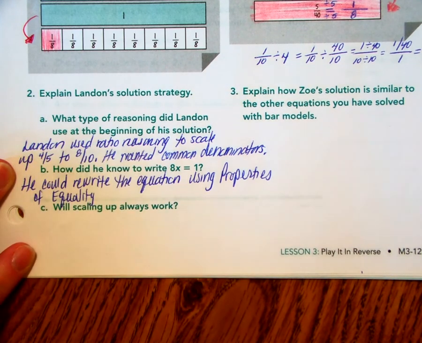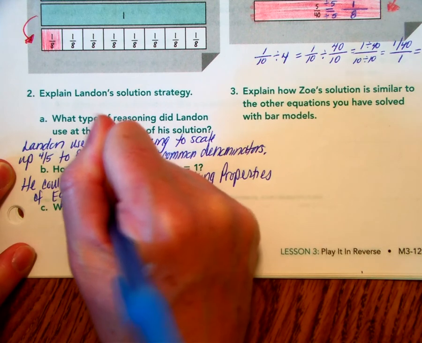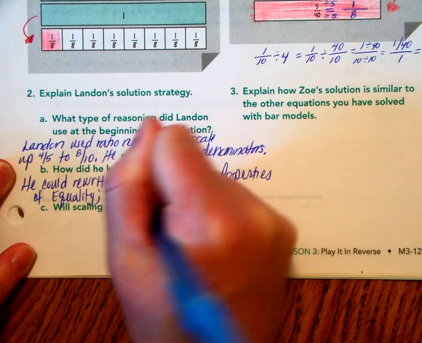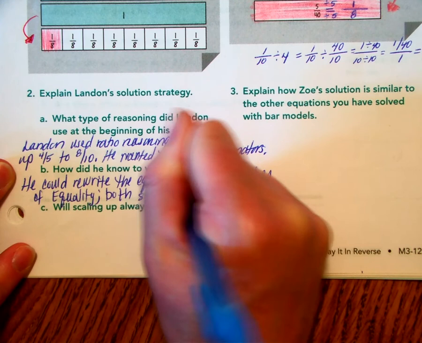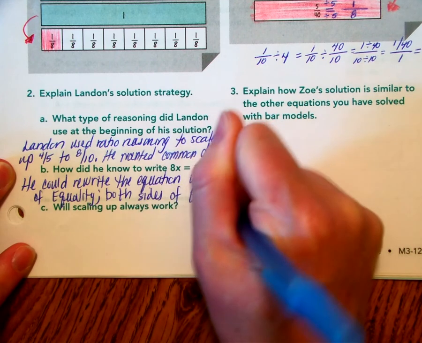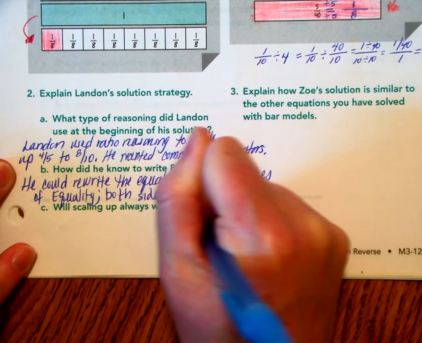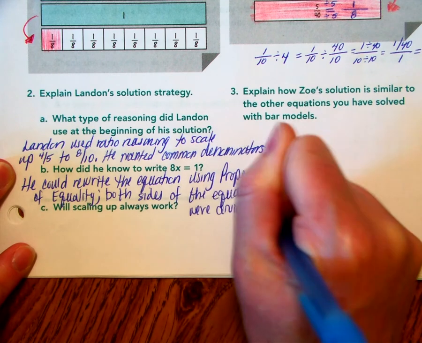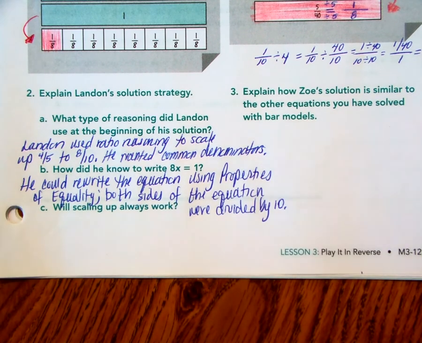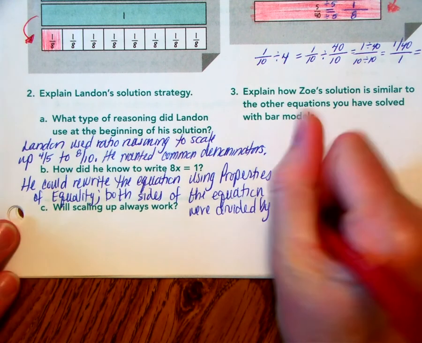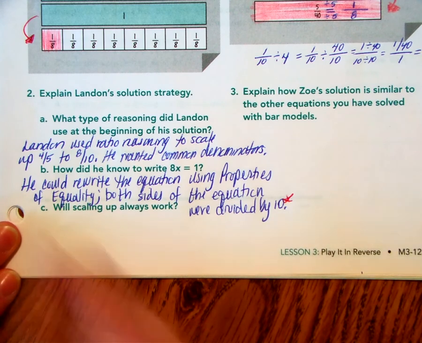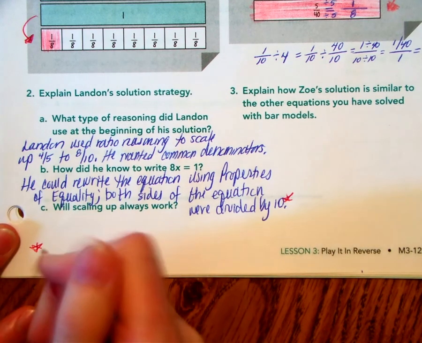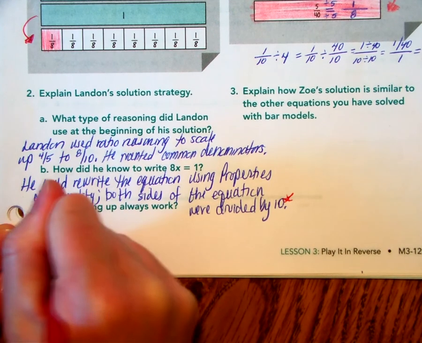Both sides of the equation were divided by 10. And because they are both divided by 10, it makes me think of the division property of equality.